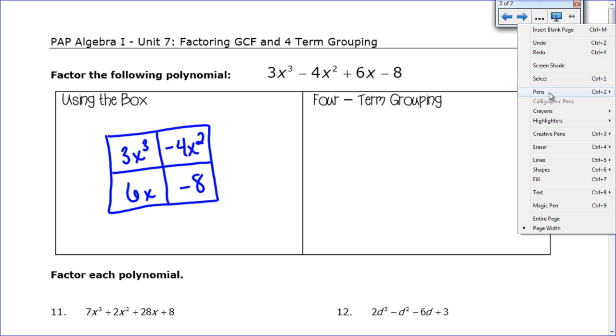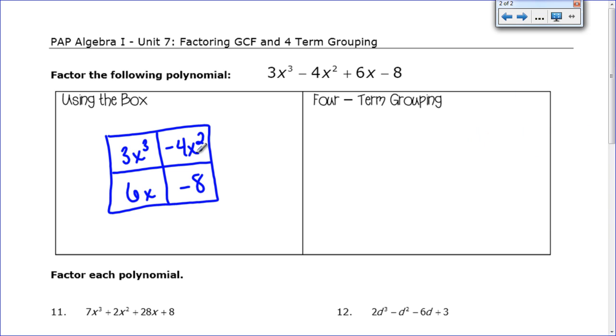So now it's all about pulling out the greatest common factor, and if we need to make our t-charts, we will, so we can make our charts for what they have in common. So our 3 and our -4, let's list our factors for 3 and 4. This one's just 1 and 3, this one's 1 and 4, and 2 and 2. Well, the only thing they have in common is that 1, but the x's will be what's important. So I have 3 of them, and I have 2 of them, so they have 2 in common.